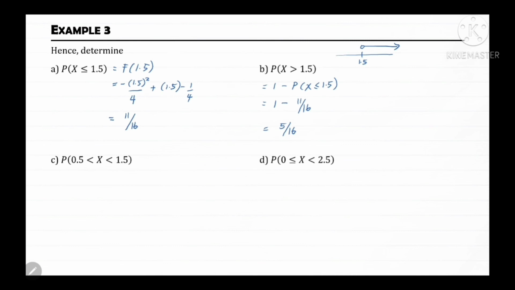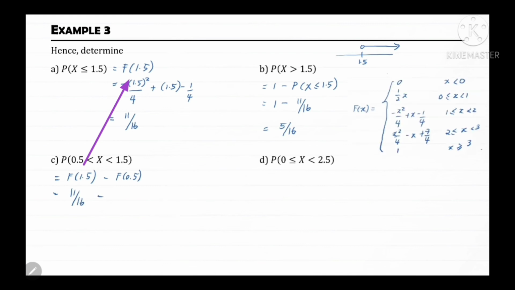C, probability x between 0.5 and 1.5. So F(1.5) minus F(0.5). F(1.5) is 11 over 16 minus F(0.5). 0.5 is between 0 to 1. So the function is 1 over 2 x, with x as 0.5, equal to 7 over 16.